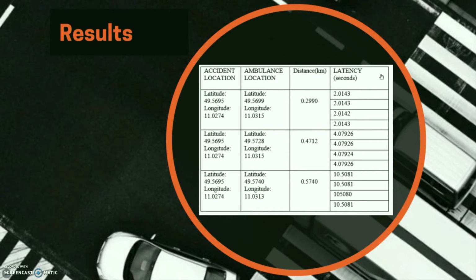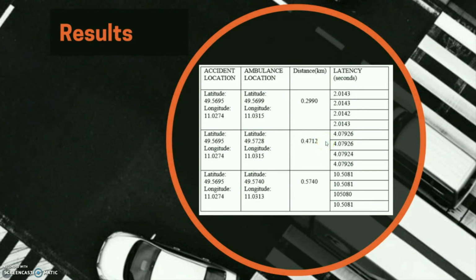So we measure the latency in three different cases. Namely, the first case was when the ambulance was at around 290 meters away from the accident spot. The latency that we got was around 2.01 seconds. The second case was when the distance between the ambulance and the accident spot was more than 470 meters.